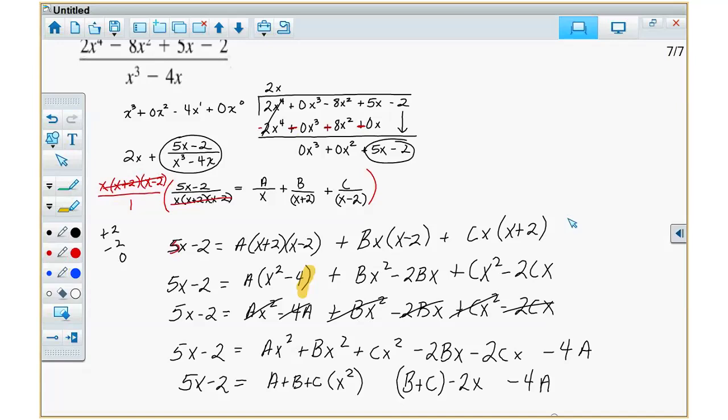You could plug in 5x is equal to this, and you could plug in negative 2 is equal to this. You can get A. A is about the only thing you can get. I can get A is equal to 1/2, I think.